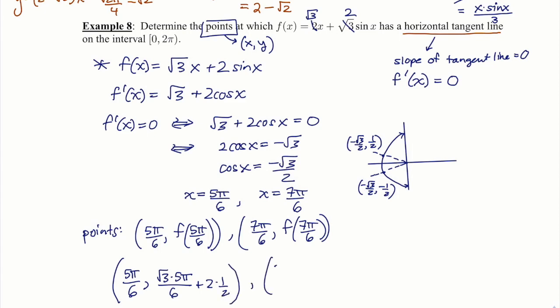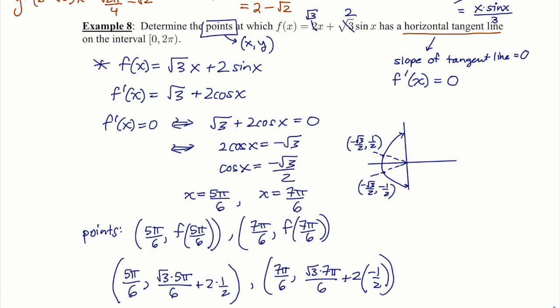And then when x is 7 pi over 6, we'll have, let's see, square root of 3 times 7 pi over 6 plus 2 times sine of 7 pi over 6, which was negative a half.